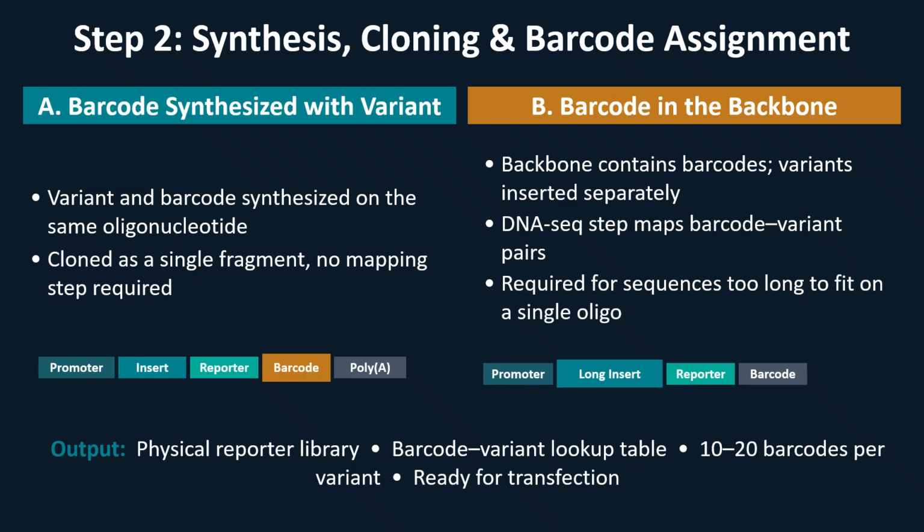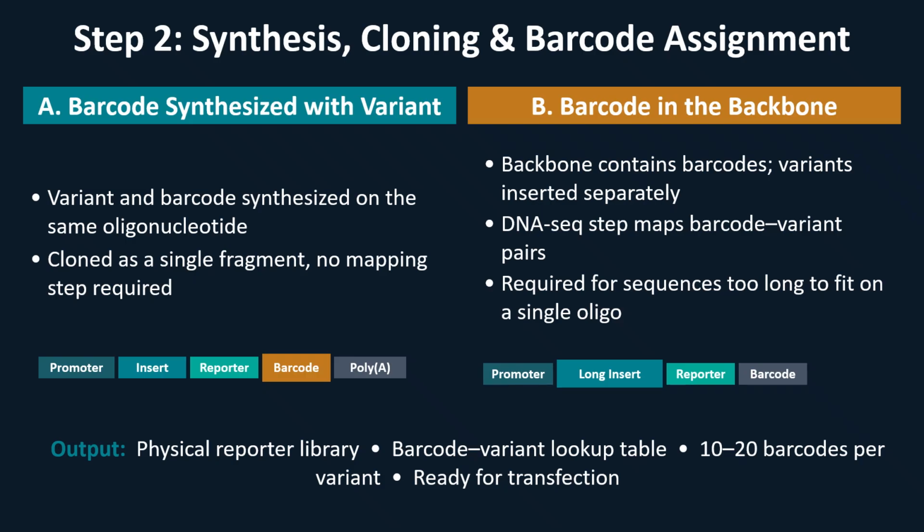Both strategies produce essentially the same functional outcome: a physical reporter library, and a barcode linking each to a specific variant. From a data perspective, this lookup table is critical.